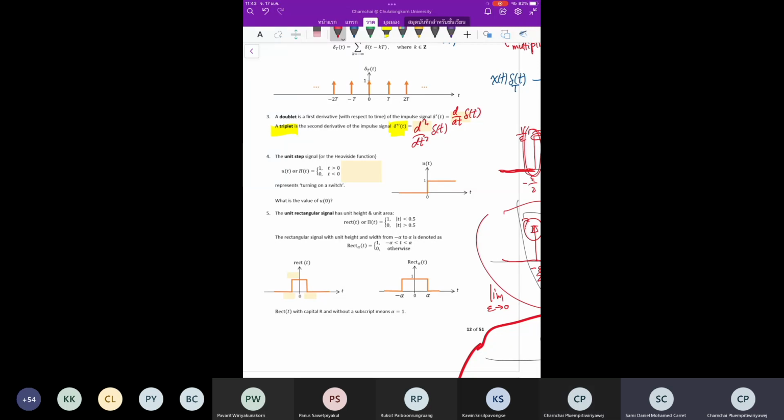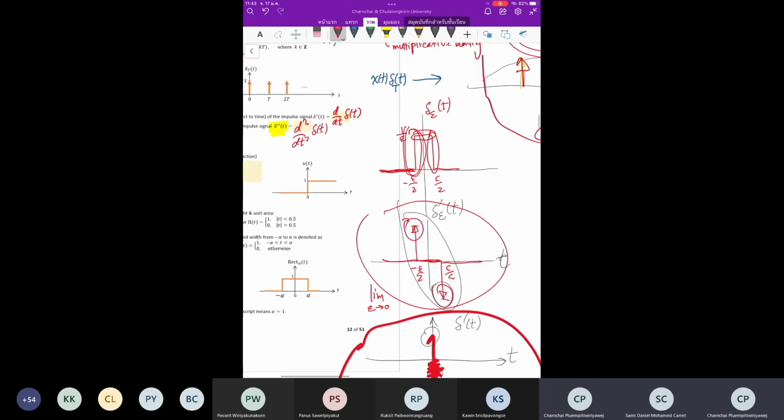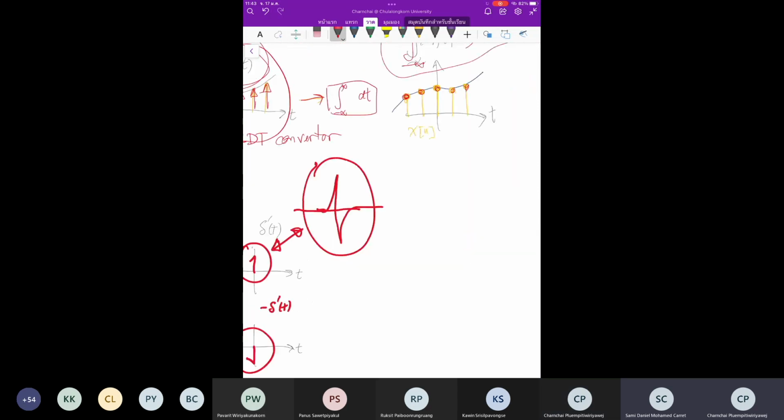If you take the derivative of this symbol, what would you have? It's going to be what? Up, down, up.